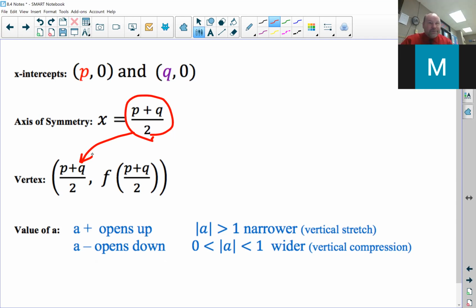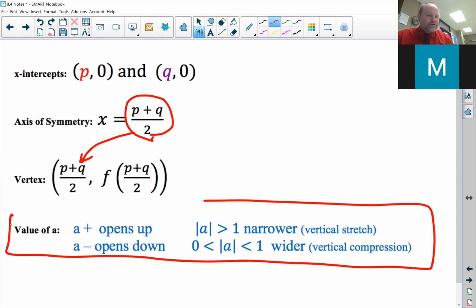If the absolute value of A is greater than 1, we get a stretch, a narrower opening. And if the absolute value of A is between 0 and 1, we get a wider opening, just like we did with vertex form and standard form. So this has been the same for all the forms of quadratic functions. It's kind of nice to keep some things pretty consistent.